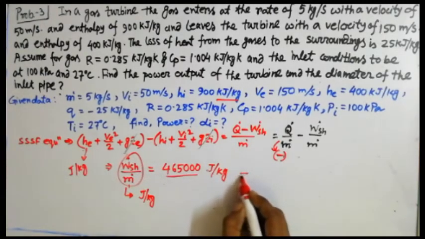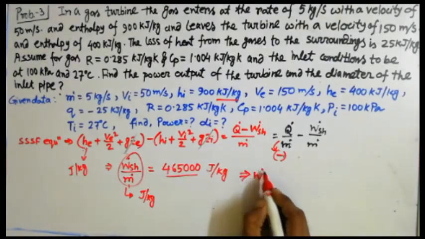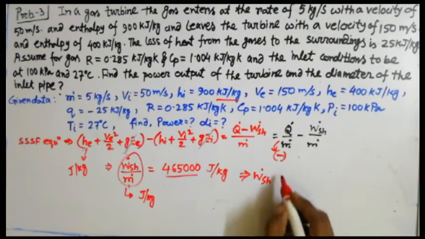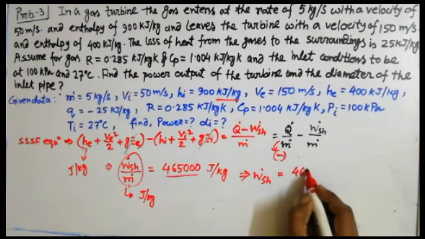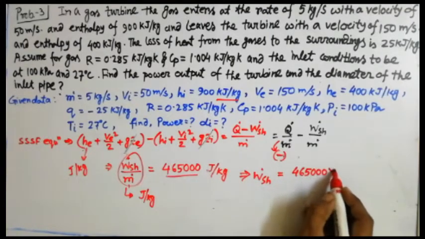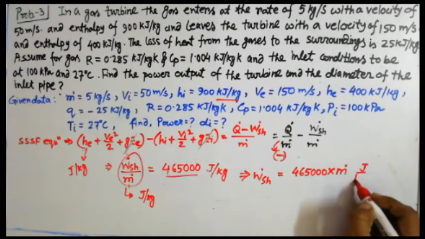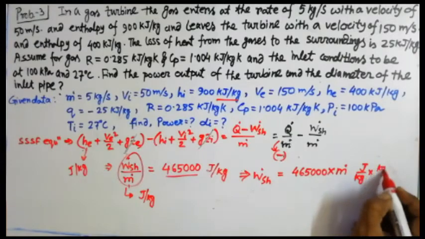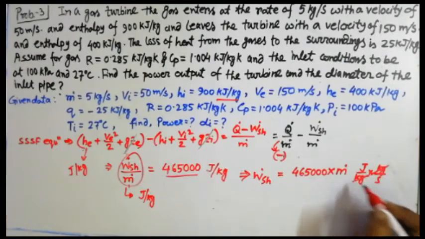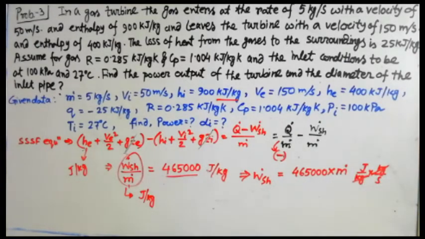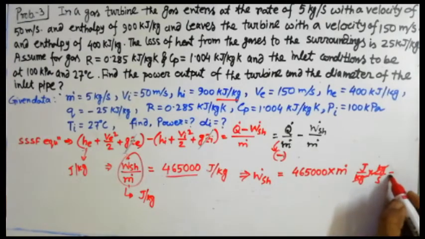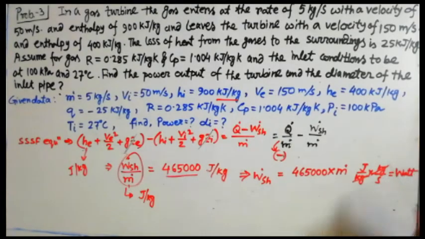Finally, to find W dot SH, 46,500 will be multiplied with M dot. Joule per kg multiplied with kg per second, so kg is cancelled, and it comes with joule per second. Joule per second is nothing but watt. So the value coming from here will have a unit of watt.